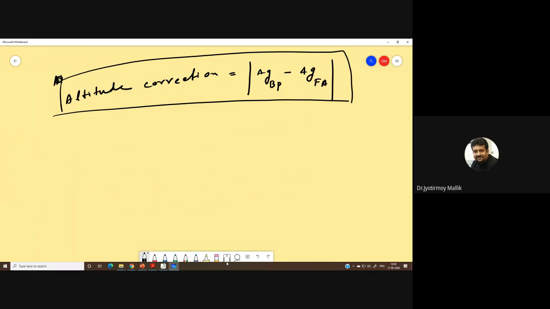Now, there is another correction, but in most of the cases, it is neglected. What we call tidal correction. Essentially, the gravity can slightly be changed due to the pull of the moon as well. Due to the change in tidal cycle, there could be a very small change in your delta G measurement.